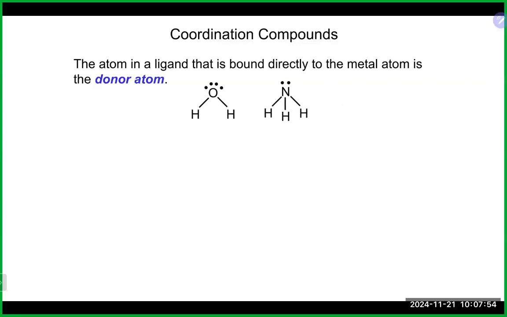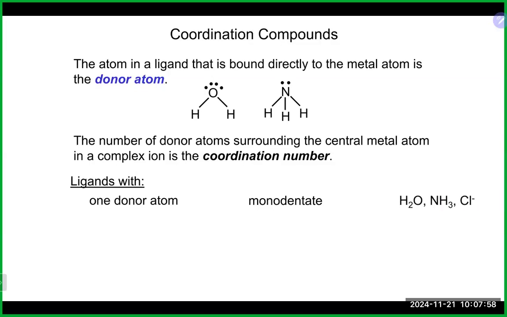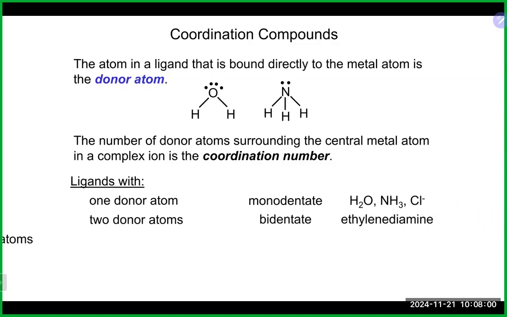When we look at a complex ion, we often want to think about what is referred to as the coordination number. The coordination number is the number of atoms directly attached to the metal in the middle of the complex ion. It is how many donor atoms there are.